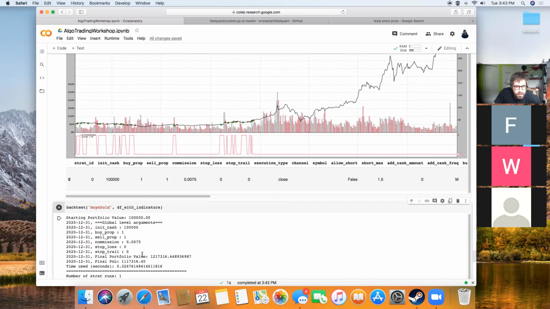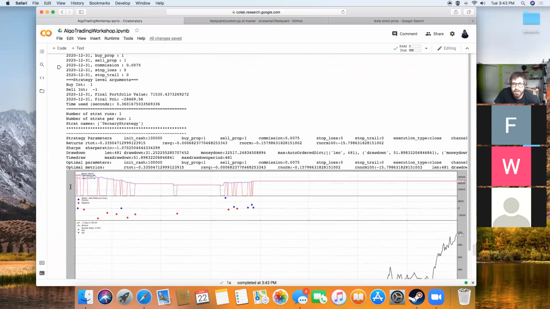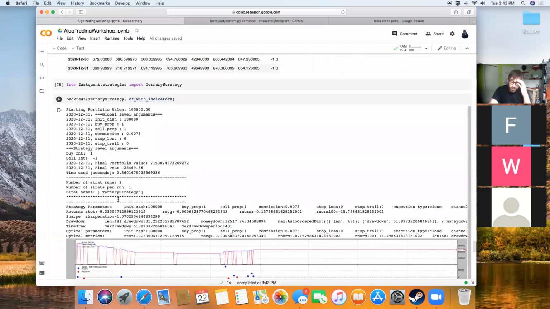Started with 100,000 and ended up with 1.2 million. Wait, what? 1 million, and we lost a lot. Instead of making a million and 100,000 on our investment of 100,000, we basically lost. So it's obviously a very bad classifier and a bad strategy.